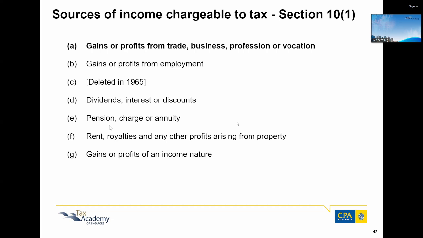Okay? So we have section 10(1)(g), which is considered a catch-all section. It refers to any income that does not fall within the above, but the receipt must be of an income nature.